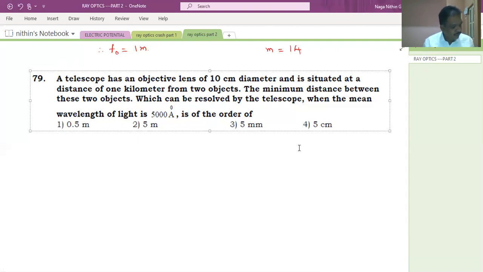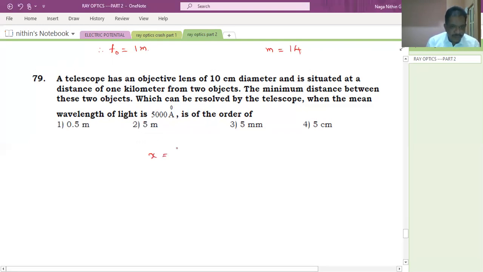So here, formula is x is equal to 1.22 lambda d by a. Then we have to find x value only.